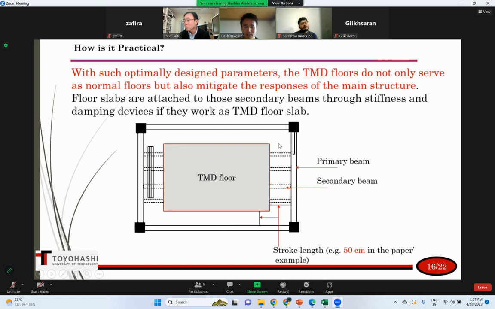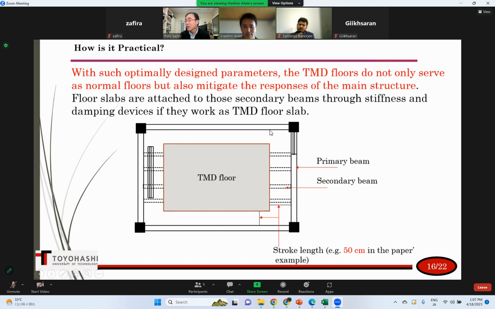So how can this floor serve as a normal floor? Or maybe it's a kind of local isolation floor. I don't understand, because this TMD needs some space.